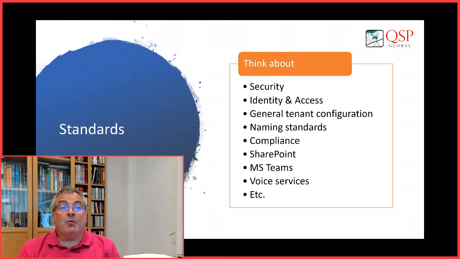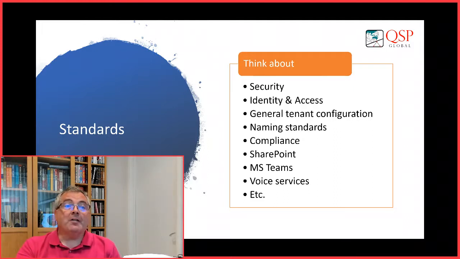Again, think about which workloads are going to be used. So, things like Sway, Staff Hub, etc. Do they have a place within your organization, and is it better to just hide those from the user community so that you're not creating questions about what to use where for products that you don't actually want people to be making use of?